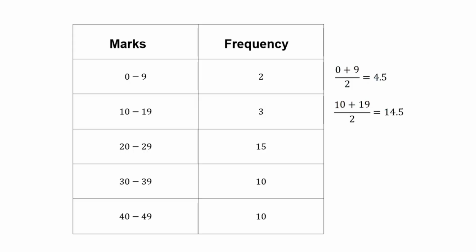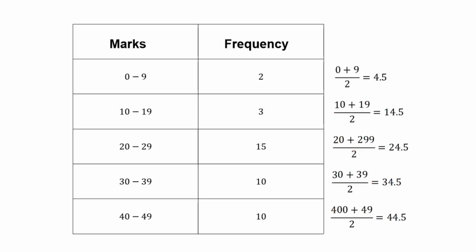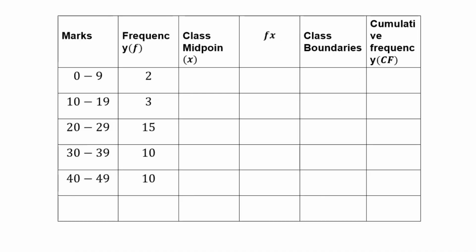We do the same thing for each class, and that gives you the class midpoint for each class. So let's go to our table and fill in our class midpoint.